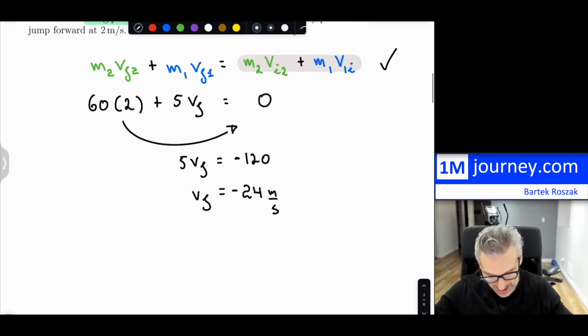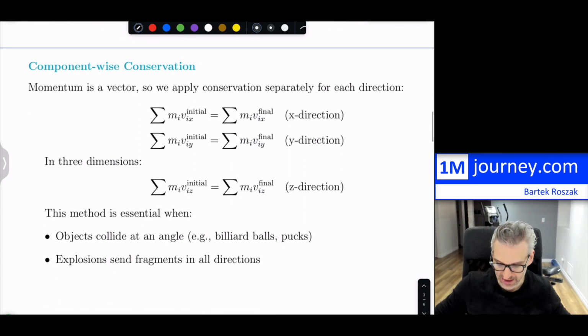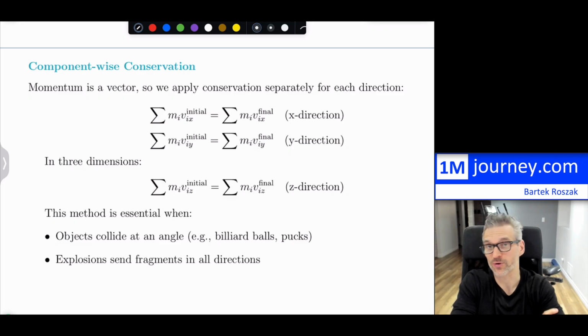Now, I mentioned at the beginning that we're only talking about one dimension. If you continue with physics, it might so happen that it's not just in one dimension, going back and forth, left and right, or up and down, but it might be in multiple.